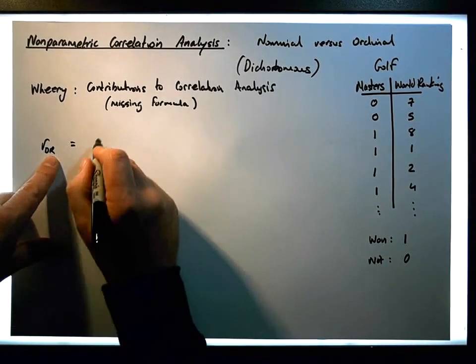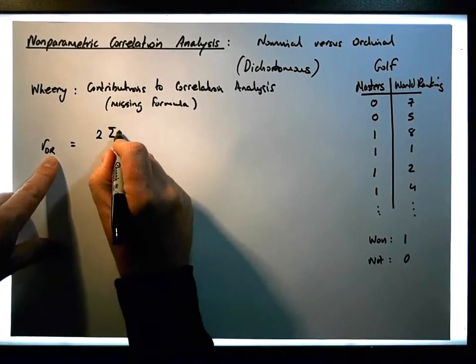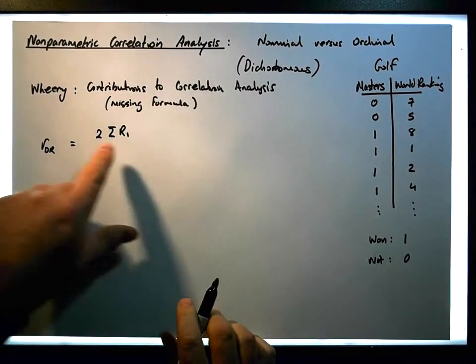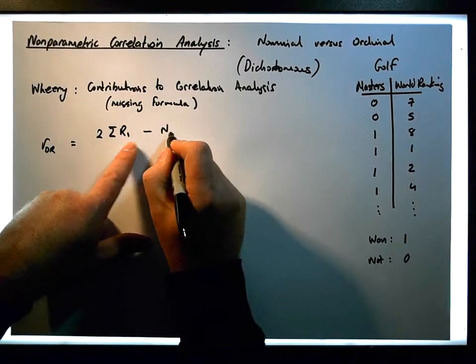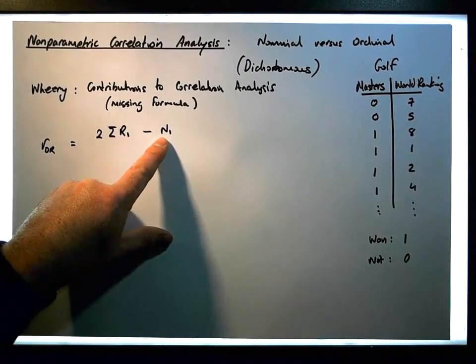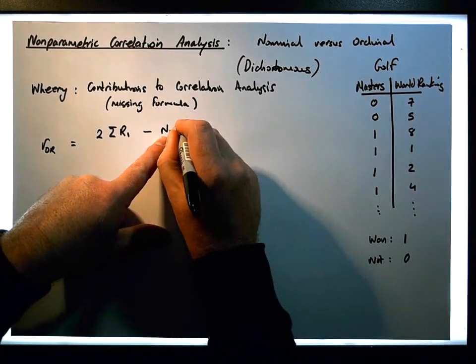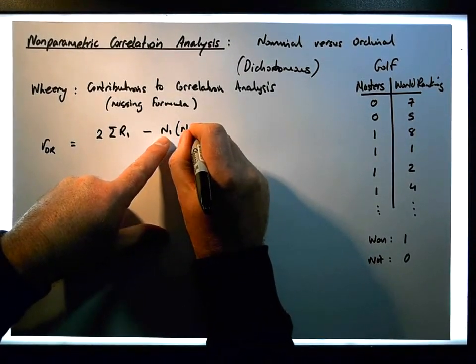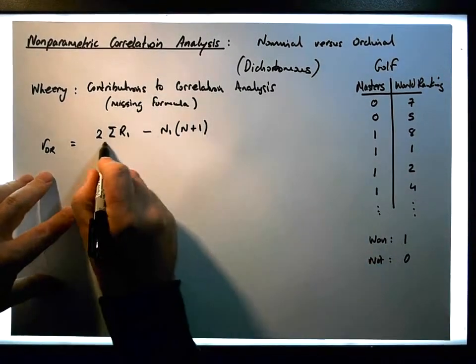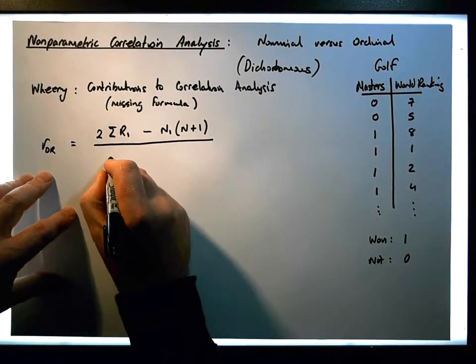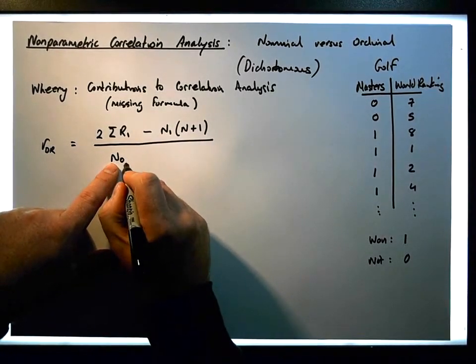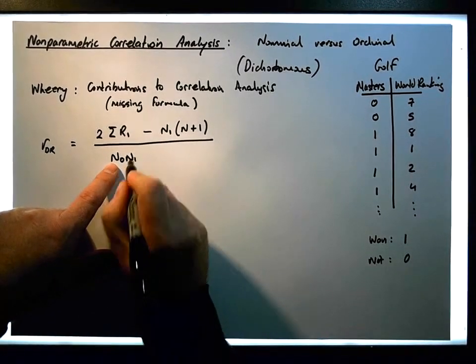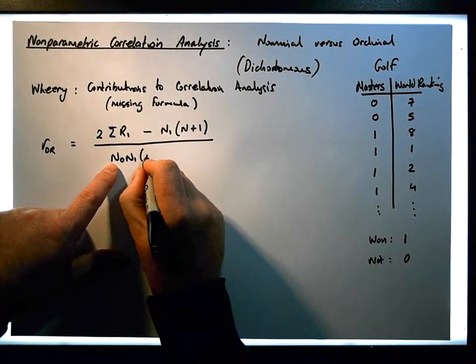It's equal to 2 times the sum of the ranks associated with the dichotomy that's labeled 1, minus the number in the group labeled 1, the sample size with respect to the dichotomy labeled 1, multiplied by the total sample size plus 1. That's divided by the product of the number in the dichotomy labeled 0, the sample size for that, times the sample size associated with the dichotomy labeled 1, times the total sample size squared.